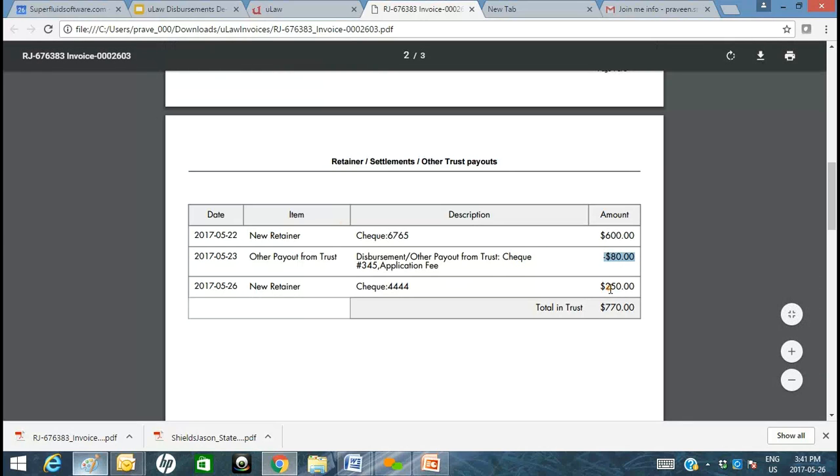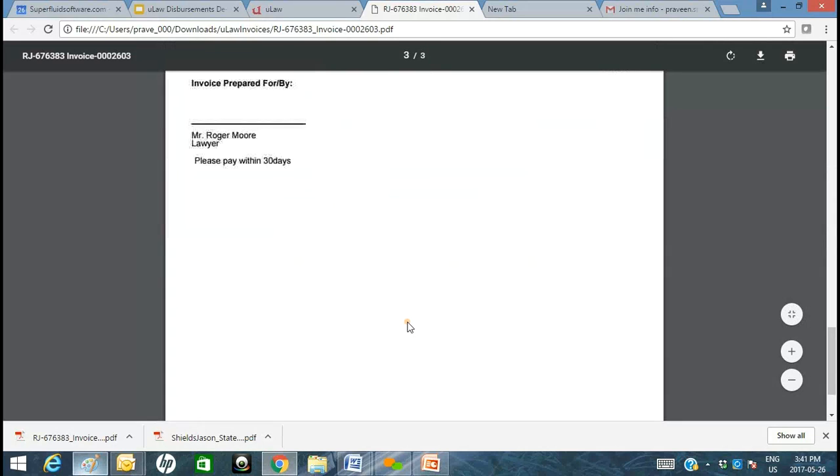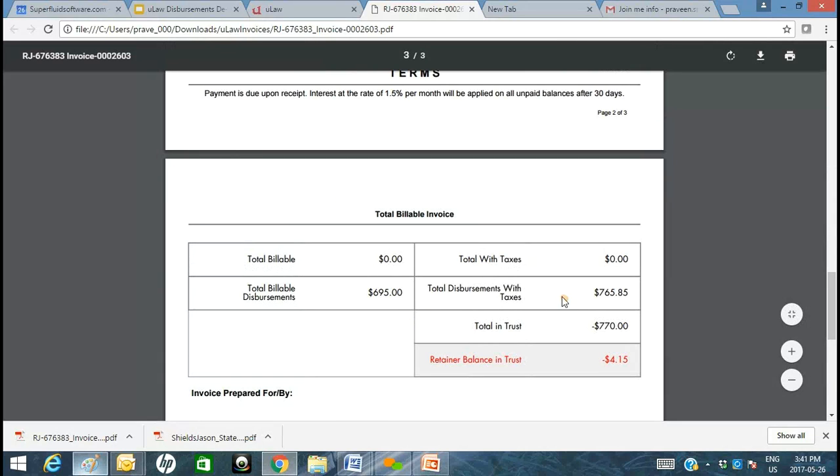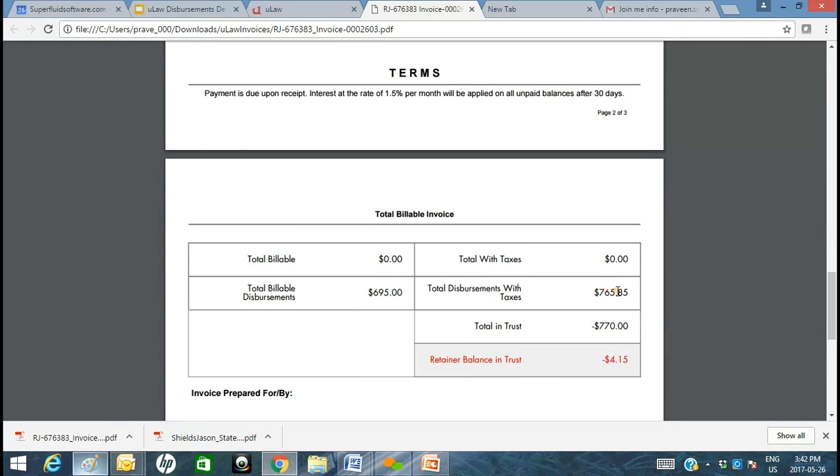And then you obviously had another $250 top up off your retainer. Okay? So essentially what you're telling your client through this invoice is, buddy, I'm going to be transferring this amount which you owe me because I've spent money for this $765 in some shape or form through profits and losses. And that's the money that I'm going to recover.